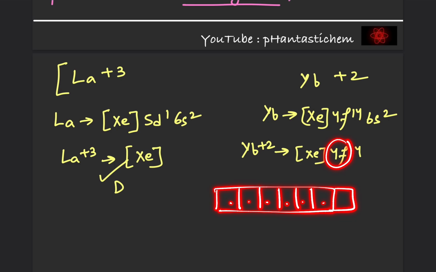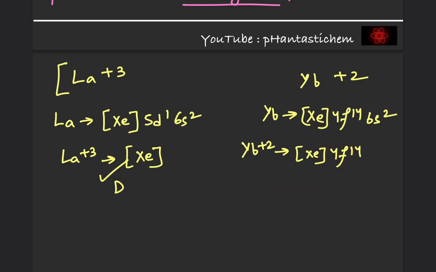And one orbital can accommodate 2 electrons of opposite spin, so therefore 7 f orbitals can accommodate 14 electrons of opposite spin, so therefore it is completely filled and also paired. So in the case of ytterbium+2 also, it is diamagnetic. So therefore, yes, this is one such pair where both of them are diamagnetic.